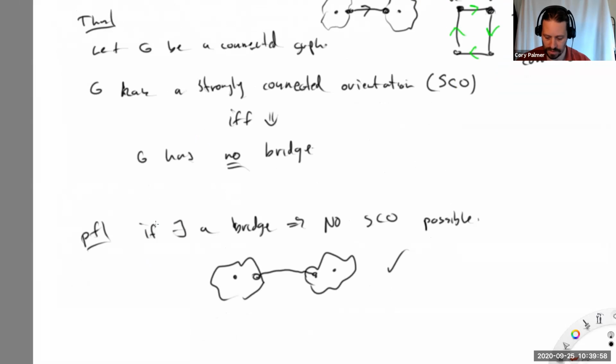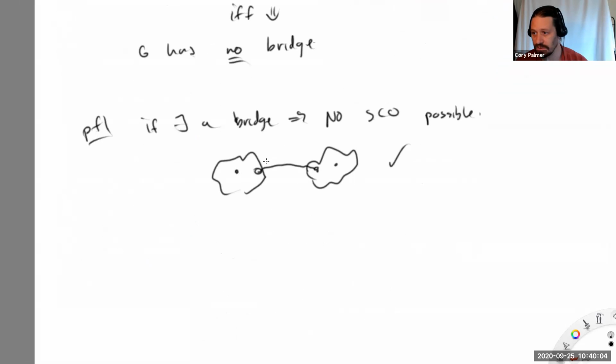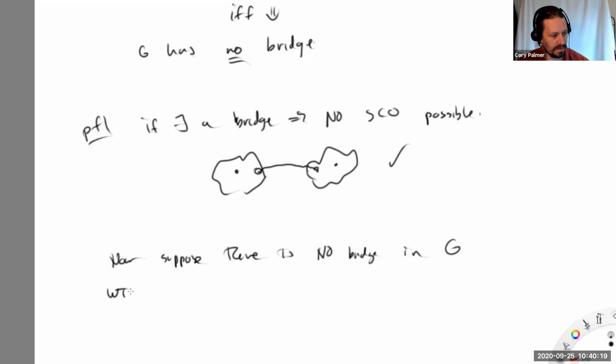Now let's prove the other direction. Let's say that it has no bridge. This is the contrapositive of the first direction. So now, suppose there is no bridge in G, and then we want to find, oh, this is funny.